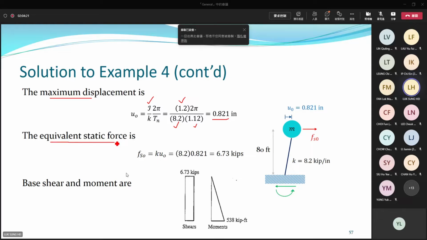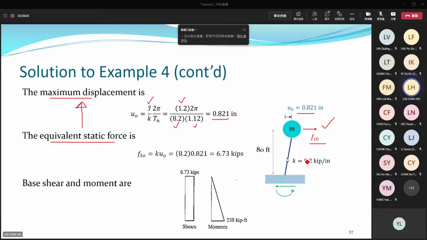What is the idea of equivalent static force? The idea is that we consider the time instant at which the structure achieved the maximum displacement. At the time when the structure reached their maximum displacement, the corresponding equivalent static force, Fs0, can be calculated using the idea of stiffness.